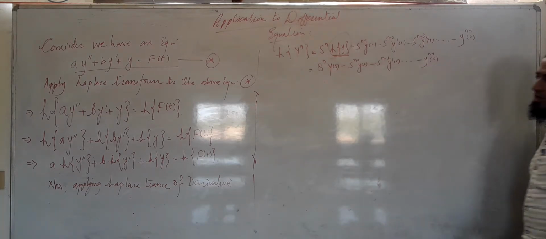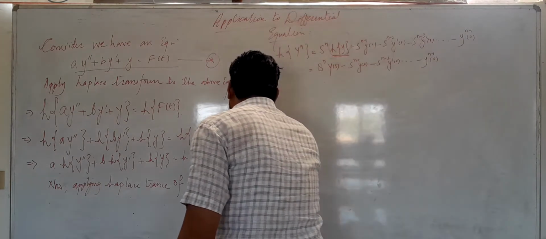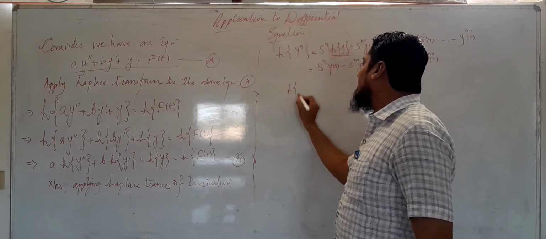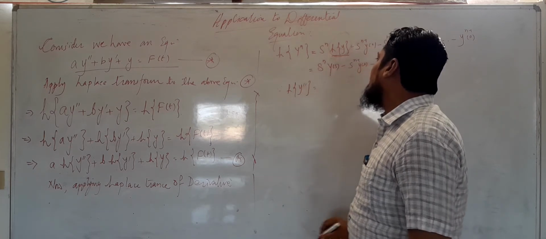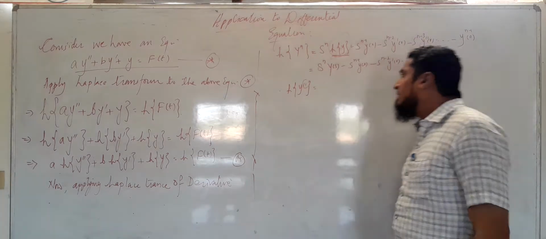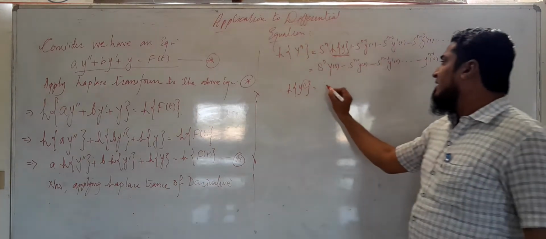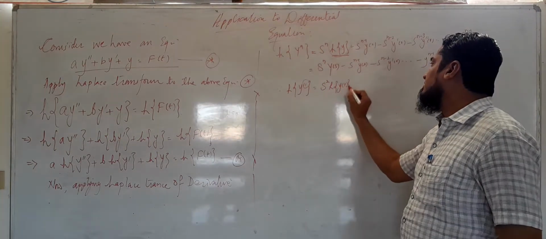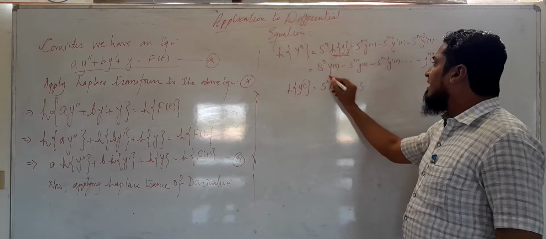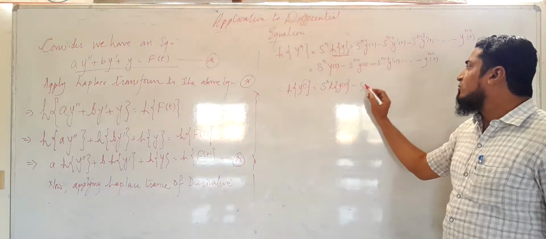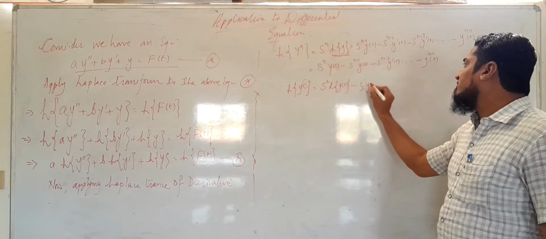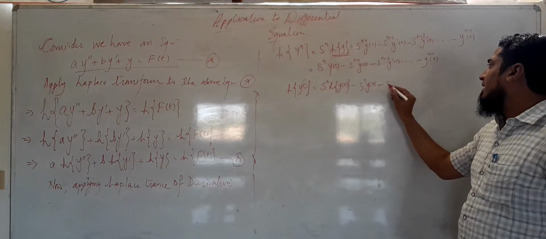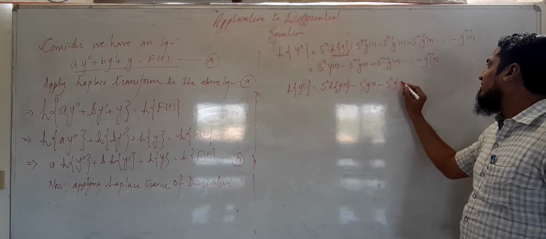Now putting this value in equation A, since we have only Laplace transform of y double dash, meaning second derivative, we start with s square Laplace transform of y of t, then reducing the power of s, you will get 2 minus 1, that is 1, y of 0, then again reduced by 1, you will get s raised to 0 y dash of 0.